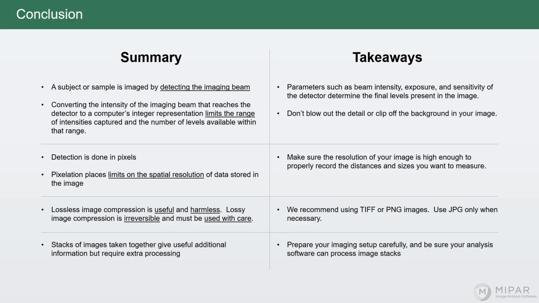We very much recommend using lossless image compression if possible. It's useful and it's harmless. Lossy image compression is irreversible, and you have to be careful not to destroy the data that you need. So of course we recommend using TIFFs and PNGs and reserving JPEGs only for when it's absolutely necessary.